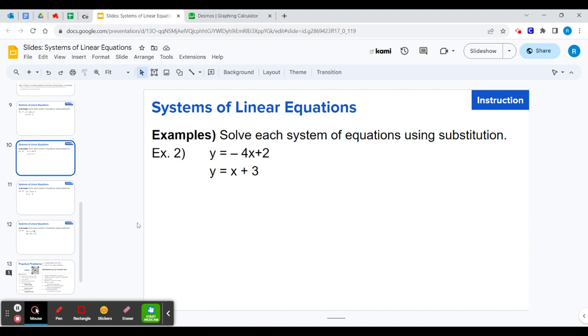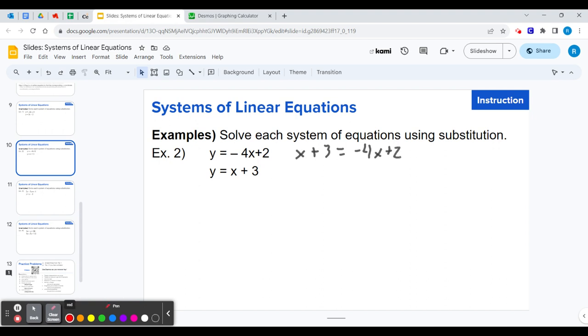So let's try this on your own in example 2. I would recommend pausing your screen, working through it, unpausing and checking against mine. Here we get another scenario where we can just plug stuff in right off the bat. We have the y's equal to each other, so let's go with x plus 3 equals negative 4x plus 2.